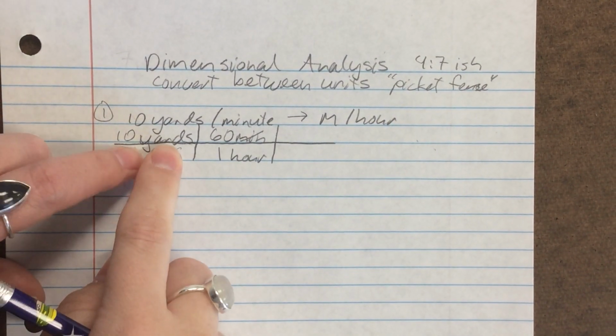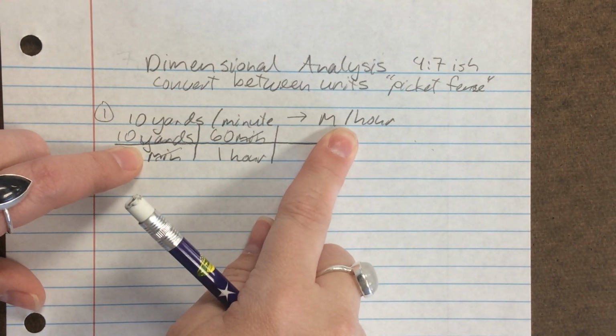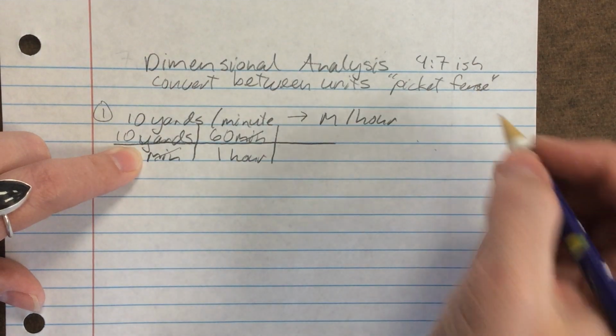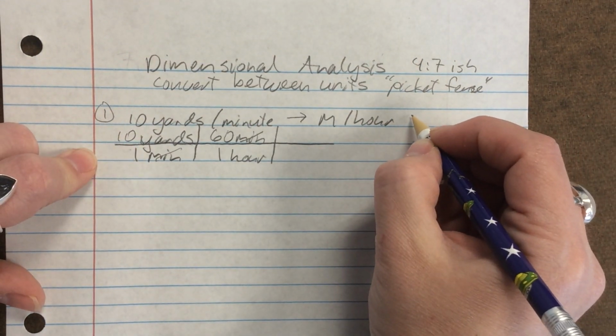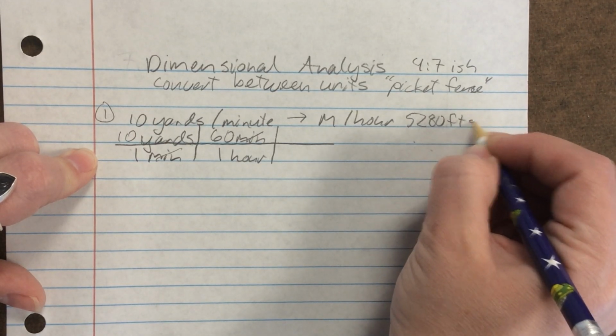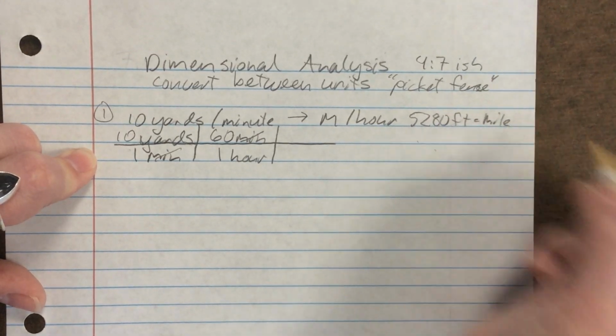Okay, next we're going to do yards to miles. To help with that, we're going to use the conversion. There's actually 5,280 feet in a mile.